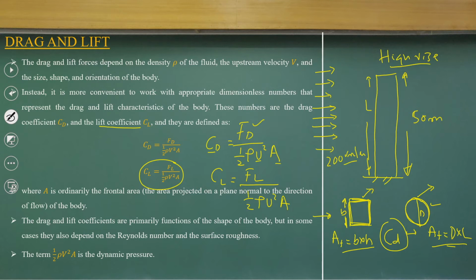So, these drag and lift coefficients are primarily functions of the shape of the body, as I said. They also depend upon the Reynolds number and the surface roughness. That also matters. What type of buildings do we have? If you have newly constructed buildings versus old buildings, definitely the CD and the roughness will be different. That is the difference.